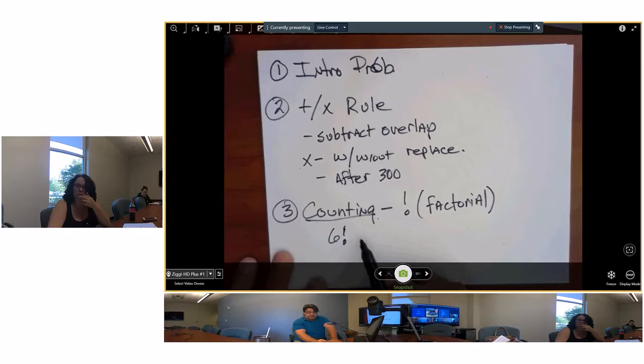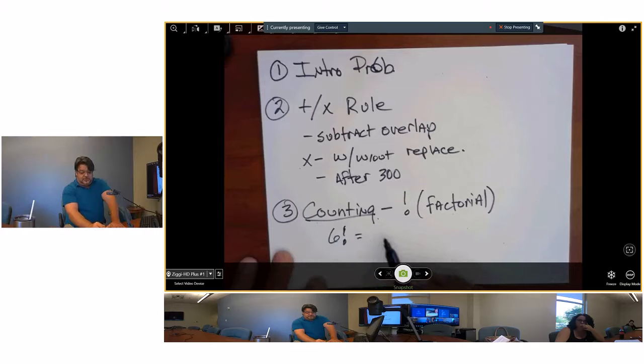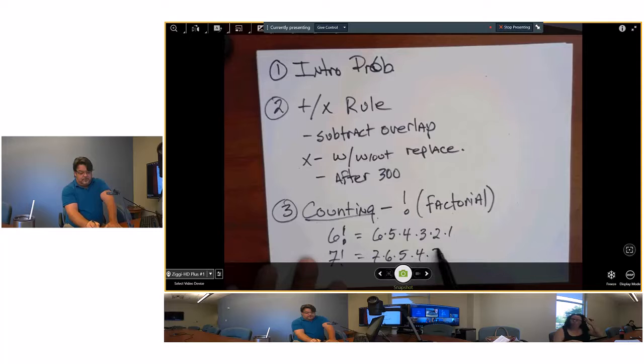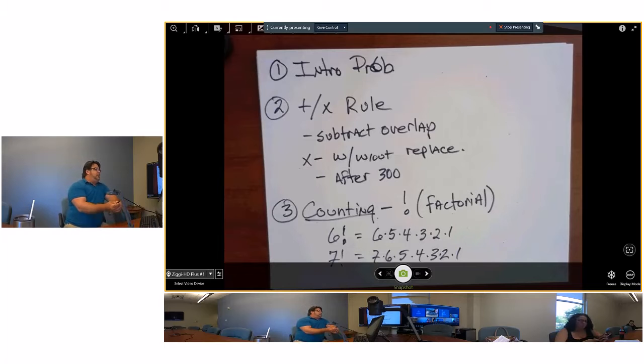Just multiply it in sequence. 6 times 5 times 4 times 3 times 2 times 1. 7 factorial would be 7 times 6 times 5 times 4 times 3 times 2 times 1. On your calculator, it should be under your math, probability, and go down and it should have factorial. So if you want to do 6 factorial and 7 factorial, you can do that on your calculator.